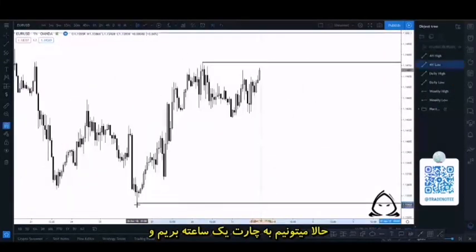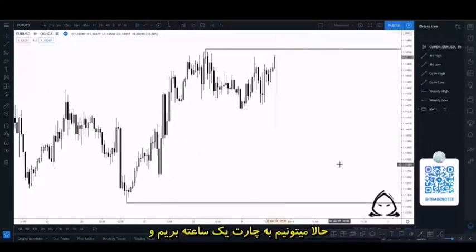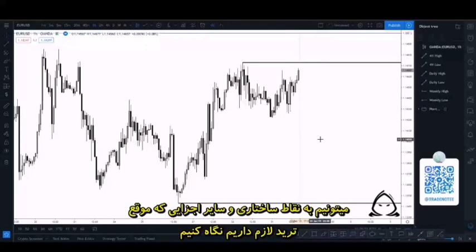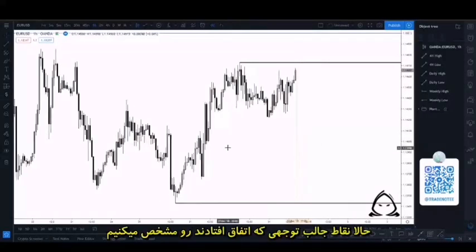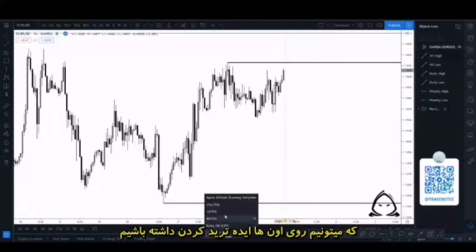So now we can navigate down to the hourly chart and take a look at any particular points of structure, points of reference that we could be looking at in terms of framing up overall trade ideas. If we look on the 1-hour chart, we're going to start identifying any points of interest that have already occurred that we can start framing trade ideas off of.